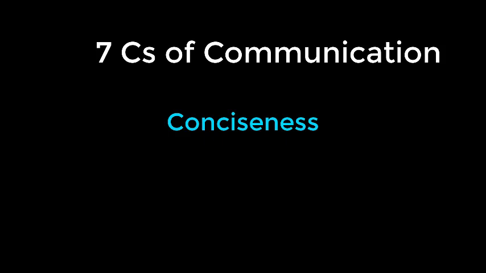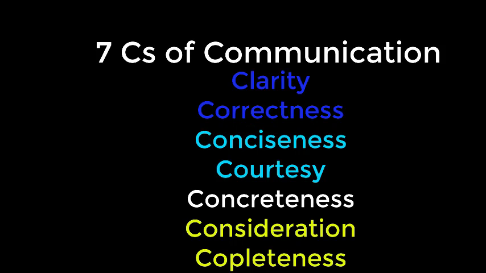It avoids excessive use of unnecessary words. It's short and limited, and it is appealing and comprehensible. The most important feature of conciseness is non-repetition. When we repeat the message, the sentence, or the word again and again in our communication, it becomes monotonous.